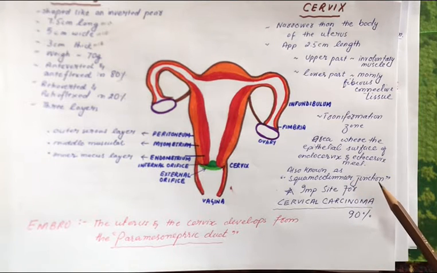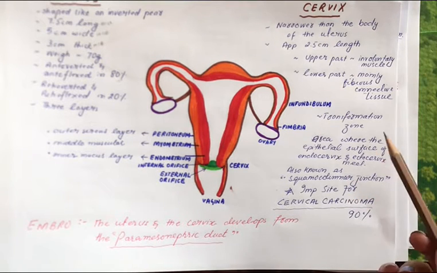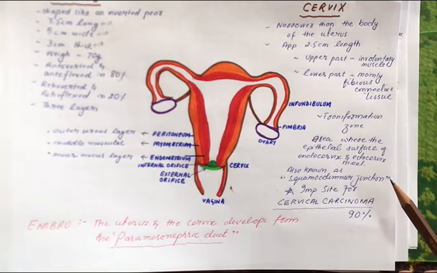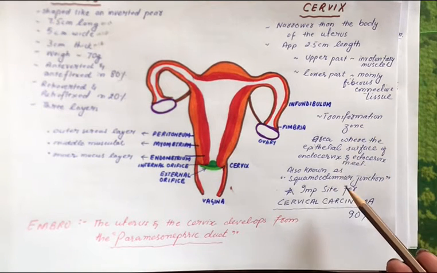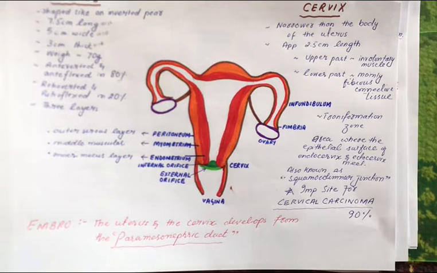So the MCQ asked here is, what is the most common site of cervical carcinoma? So transformation zone or the squamocolumnar junction is the most important site for cervical carcinoma in 90% of cases.